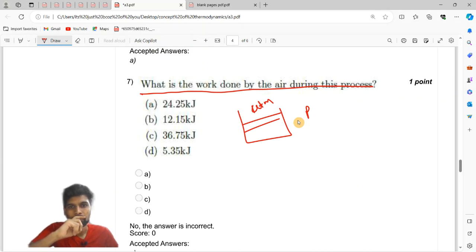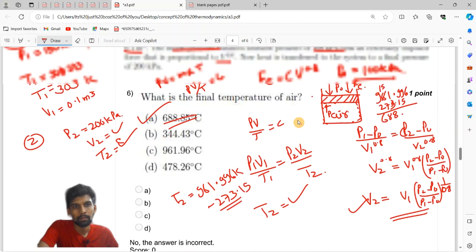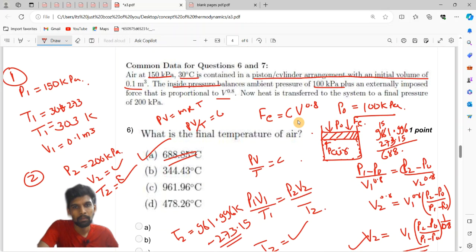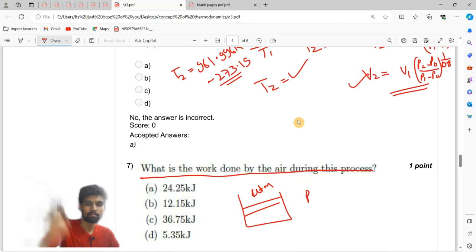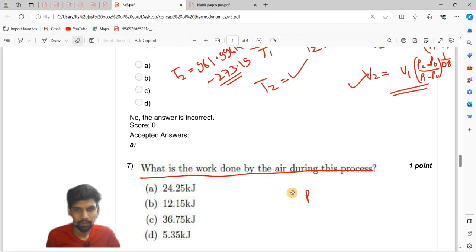Wait a second. Sorry, this is not a constant pressure process. Why? Because the piston is not freely floating, since external forces are imposed on it. So it is not floating freely. That's why it is not a constant pressure process.